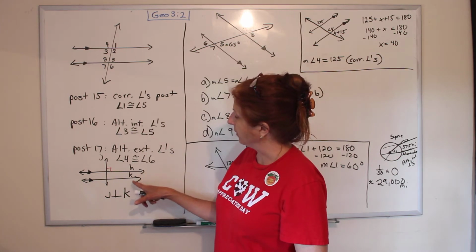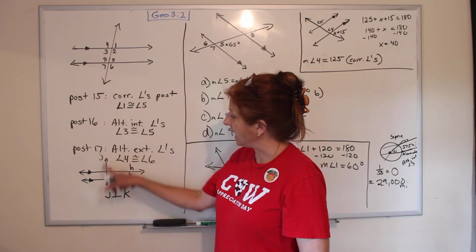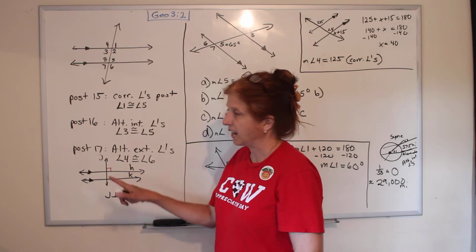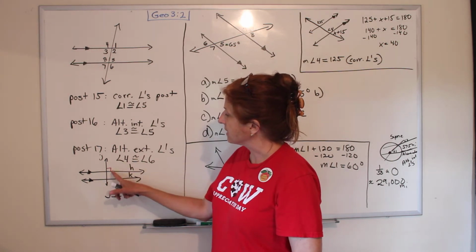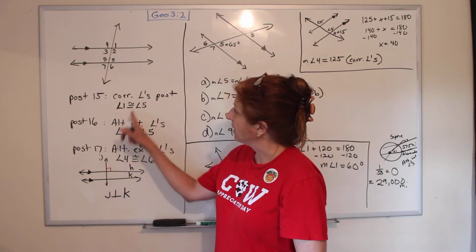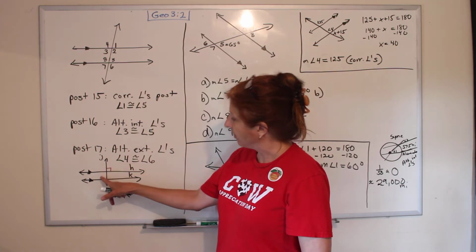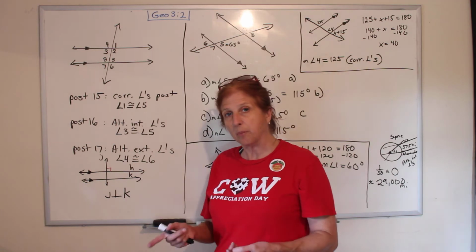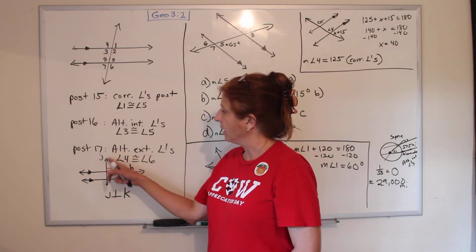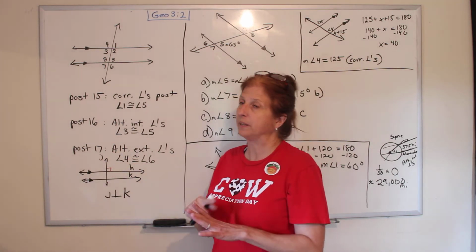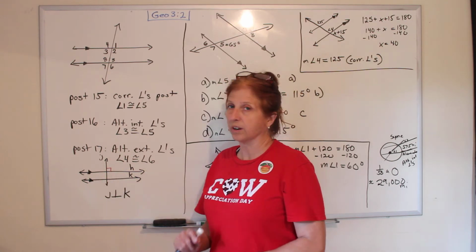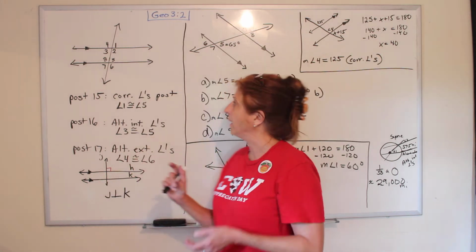H and K are parallel, so therefore J is perpendicular to H and K. And it makes sense, because they're in the same place, they're corresponding angles, so of course that's 90 degrees. Those are 90 degrees. Remember, we learned that postulate that if a line crosses another one perpendicular, it makes 4 90-degree angles. Not bad, right?